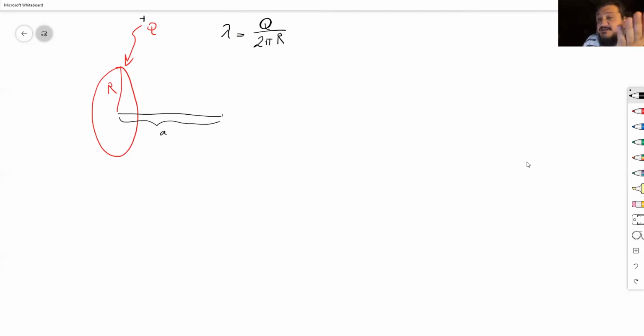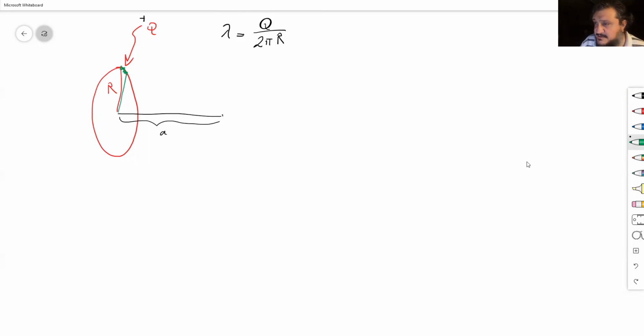If that is your linear charge density, what is the charge contained in a small portion of that? If you take a small arc here, a very small one, which corresponds to a small angle, infinitesimal angle d theta. Okay, my drawing is really bad here.